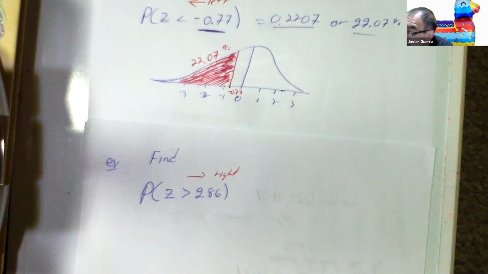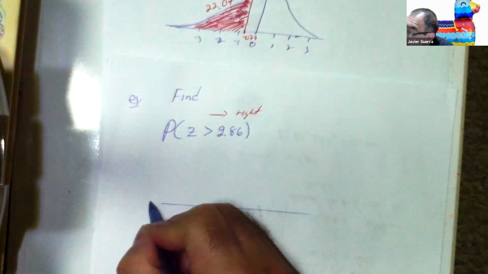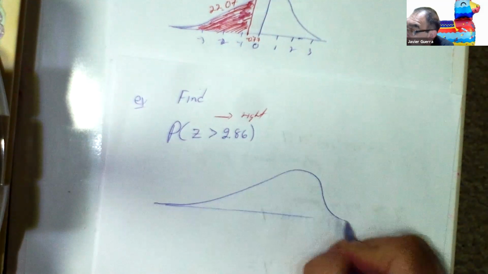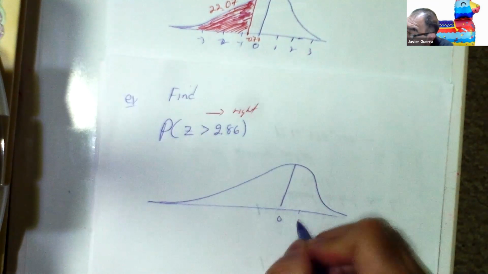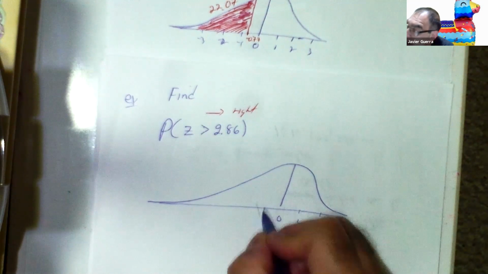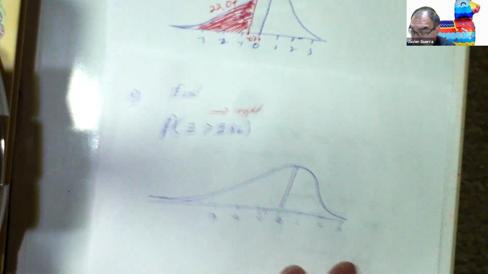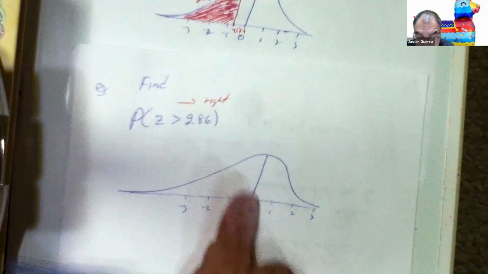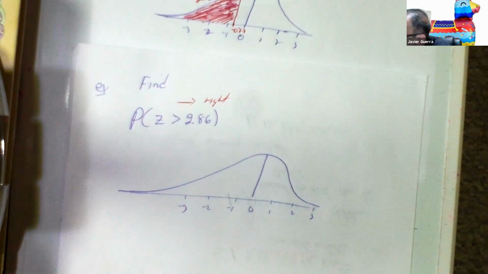Okay, I'm gonna draw my graph. You draw your graphs. Eventually, your graphs are gonna come out smooth. 1, 2, 3, -1, -2, -3. All right, I'm gonna put 2.86, which is about right there.